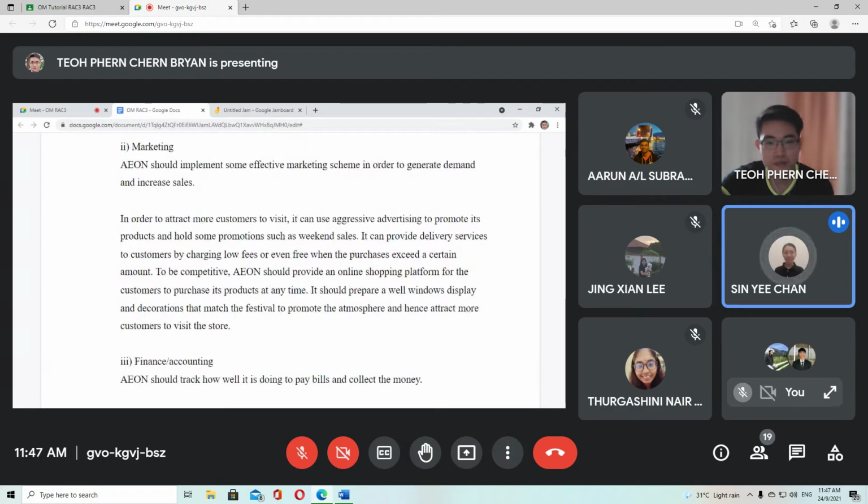The second function is to generate demand and increase sales. In order to attract more customers to visit, it can use aggressive advertising to promote its products and hold some promotions such as weekend sales. It can provide delivery services to customers by charging low fees or even free when the purchase exceeds a certain amount.